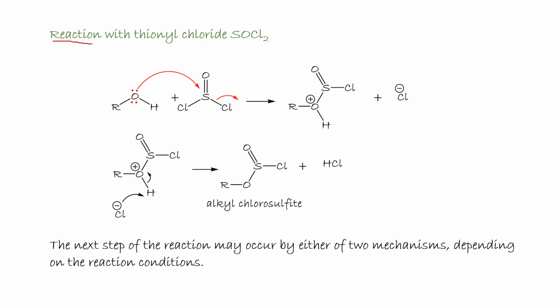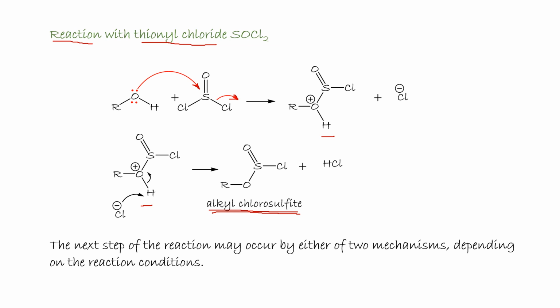Reaction of alcohol with thionyl chloride. The lone pair of oxygen from alcohol attacks on sulfur, kicking the Cl out, forming oxonium. Deprotonation will lead to the formation of alkyl chlorosulfite.